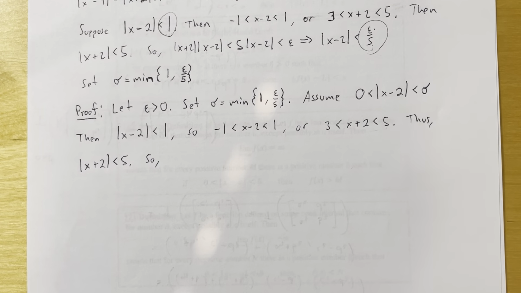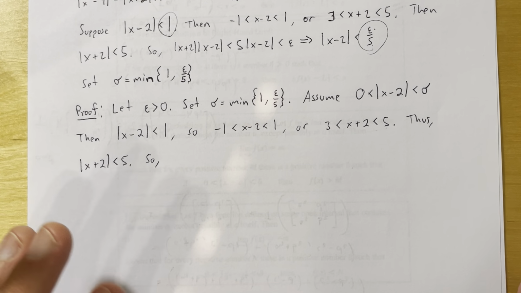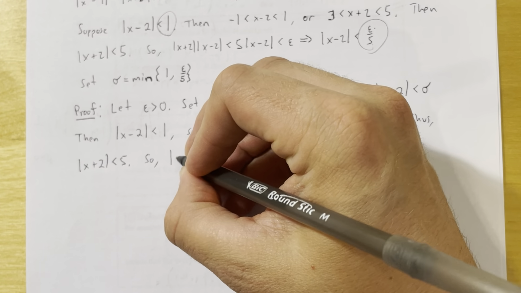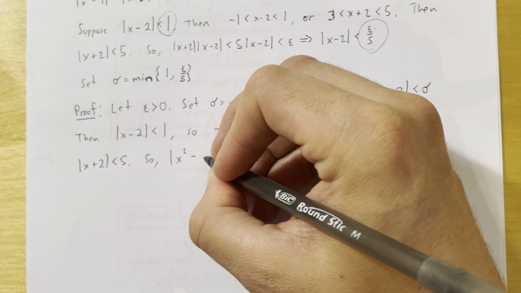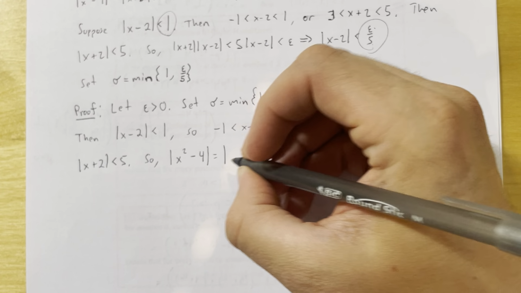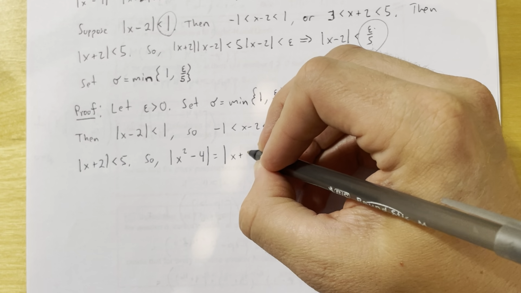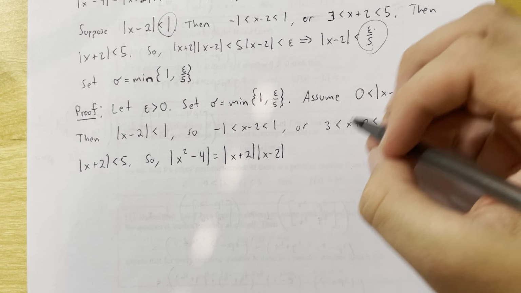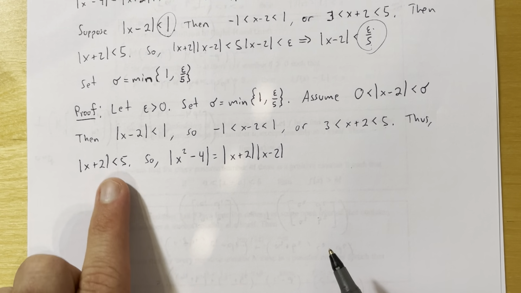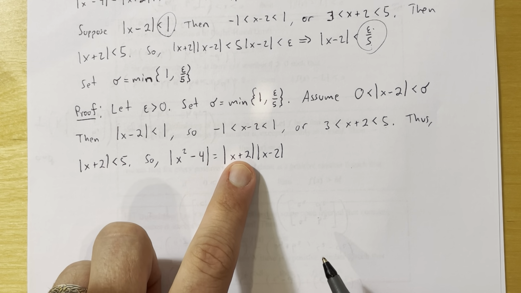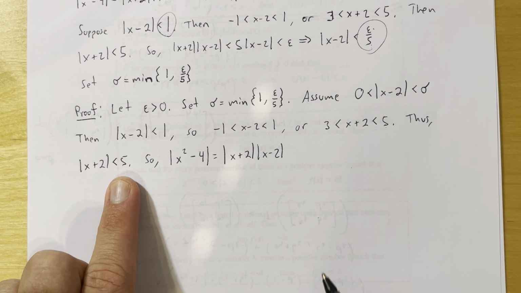So now we're going to set up the final statement of this thing. The absolute value of my function, which is x squared, minus my proposed limit, which is 4, is equal to the absolute value of x plus 2 times the absolute value of x minus 2. All I've done there is factor. Here, we made a statement that this x plus 2 in absolute value is always less than 5.